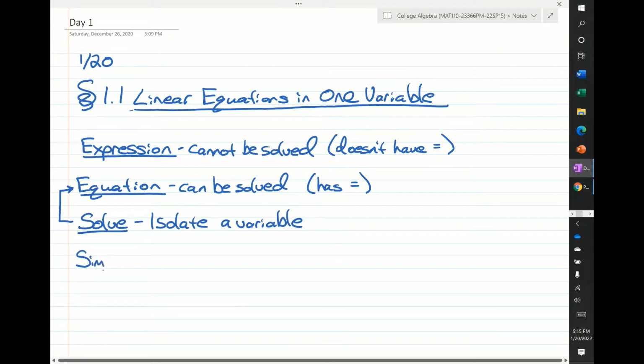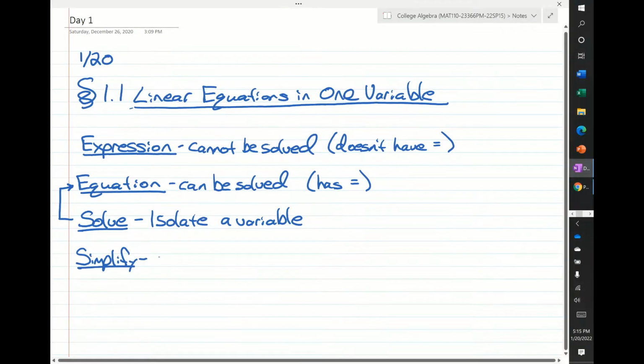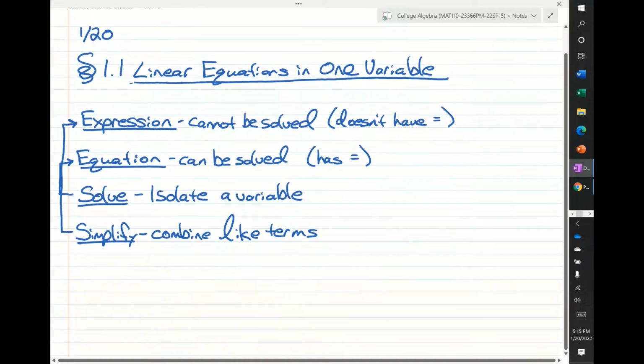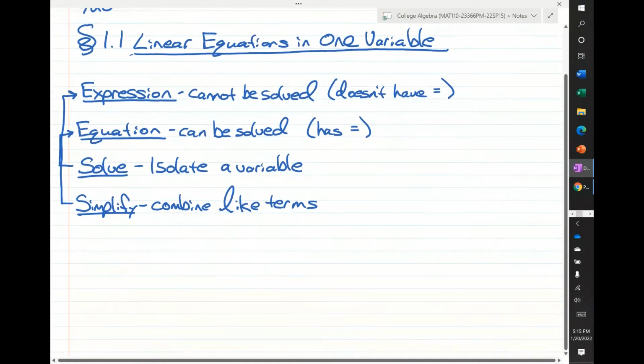The word simplify means that we combine like terms. We simplify an expression. So we have to get that out of the way first.